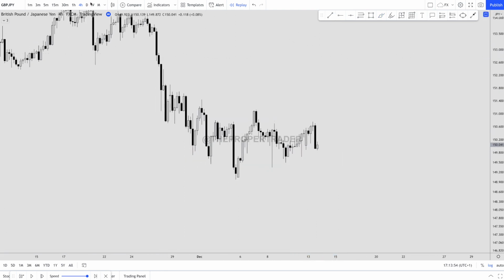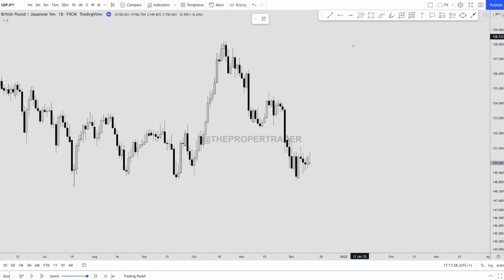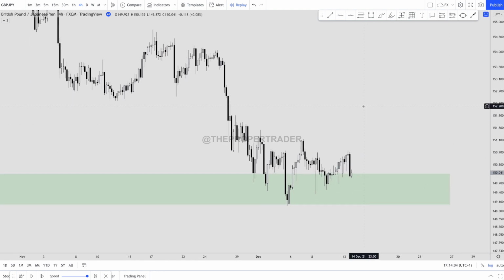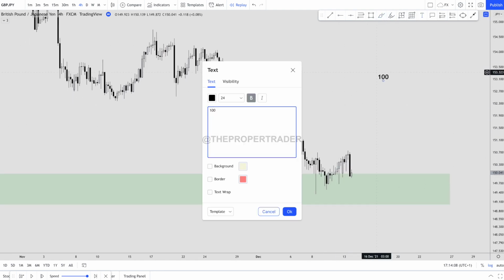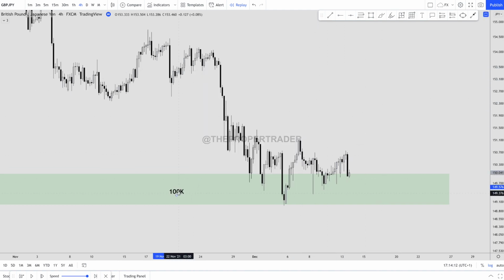So I will show you, for example, GJ daily time frame. For example, we have the zone right over here, and we know that inside the zone we've got OFV. For example, we have 100k OFV, and once the price taps into the zone, it activates OFVs.